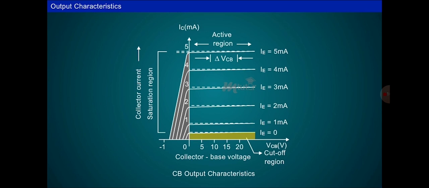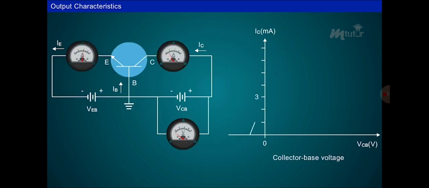The region below the curve IE equal to 0 is known as cutoff region, where the collector current is nearly 0. The saturation region is that region of the characteristics which is to the left of VCB equal to 0 volts. There is an exponential increase in collector current as the voltage VCB increases towards 0 volts.